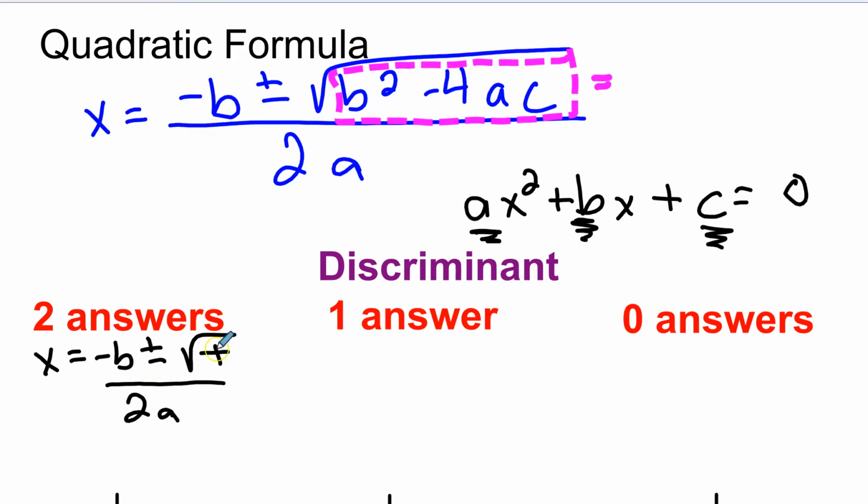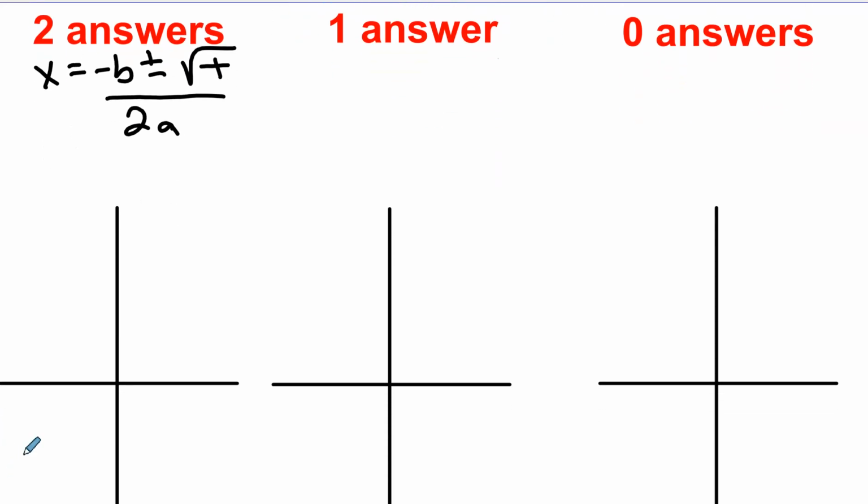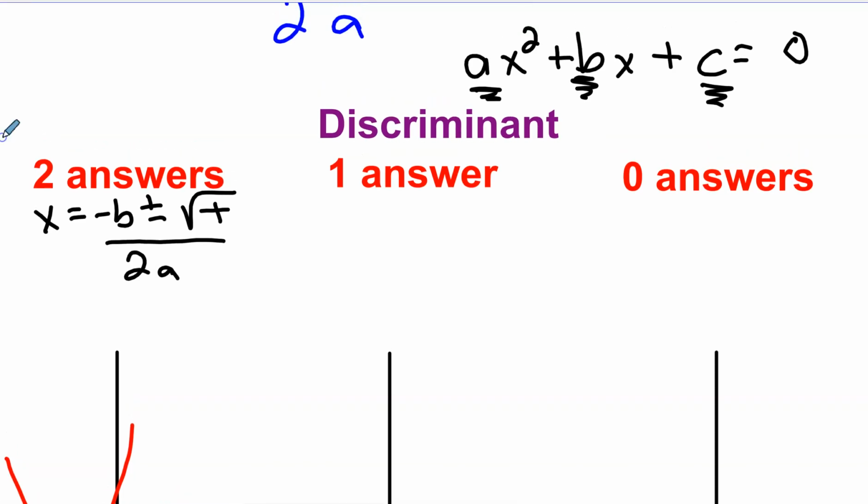It's going to be negative b plus whatever that is and negative b minus whatever that is, divided by 2a for both of those, right? If you have two answers, that means you're going to have two real roots. It could look like this. There's one of them, and there's another one. Or it could look like this. Depending on which quadratic you have, it's going to cross over the x-axis twice.